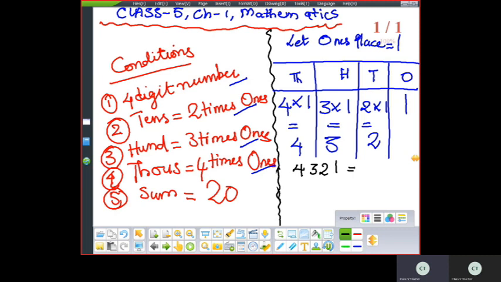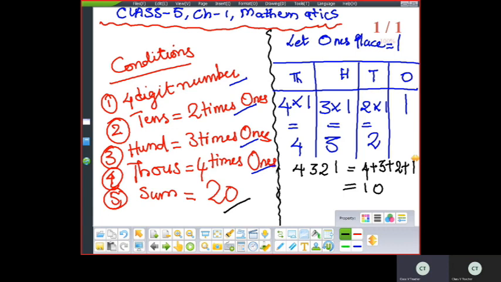So what is the condition? The sum of all the 4 digits should be equal to 20. So the sum of all the 4 digits is 4 plus 3 plus 2 plus 1. 4 plus 3 is 7, 7 plus 2 is 9, 9 plus 1 is 10.